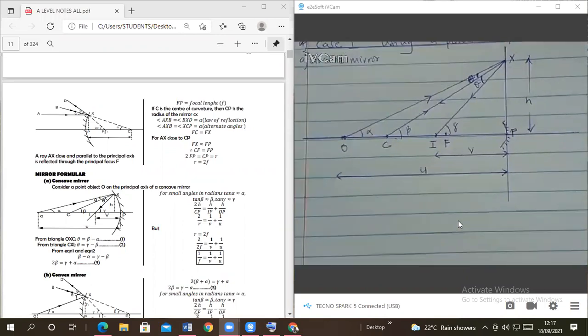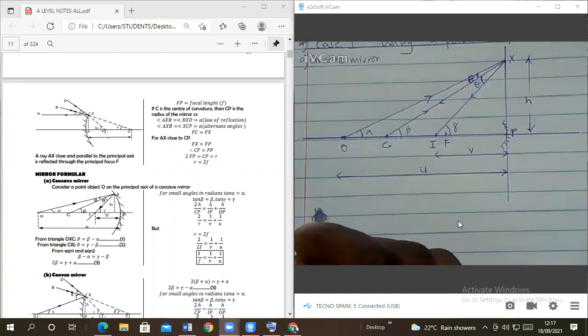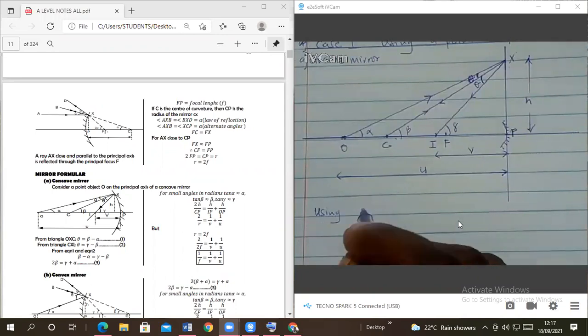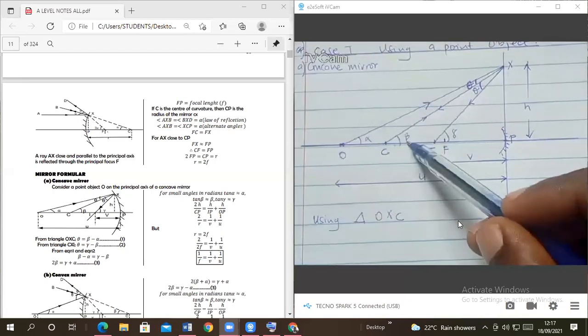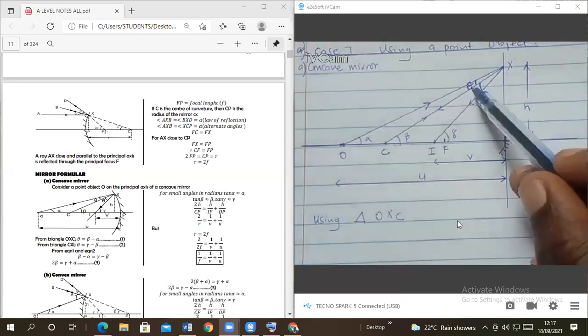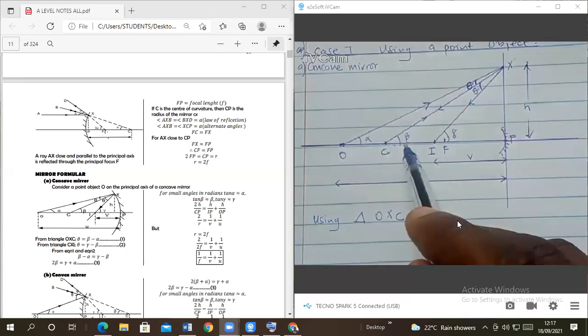So the first one is using triangle OXC. It means that this angle beta is equal to the sum of alpha plus theta, because this is an exterior angle.